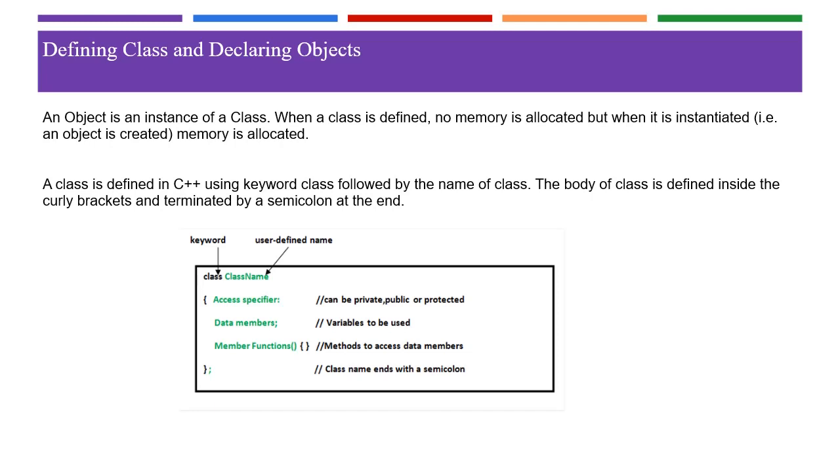A class is defined in C++ using the keyword class followed by the name of the class. The body of the class is defined inside the curly braces, that is curly brackets, and terminated by a semicolon at the end, which I have shown in this particular example.